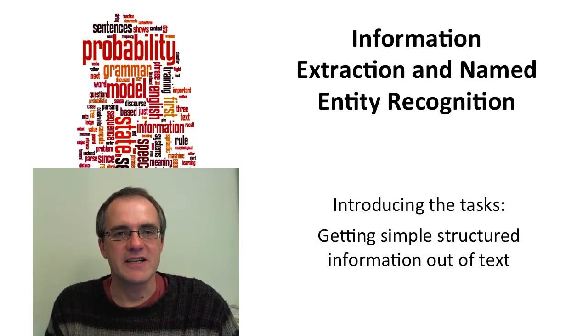Named entity recognition is simply picking out concrete names of objects, people, organizations, etc., or quantities, dates, times, and things like that. And then the bigger task of information extraction, where the goal is to pick out particular relations, rows in a database table from pieces of unstructured natural language text.